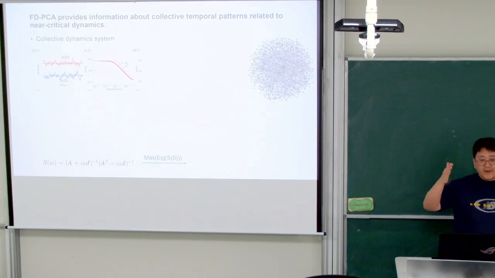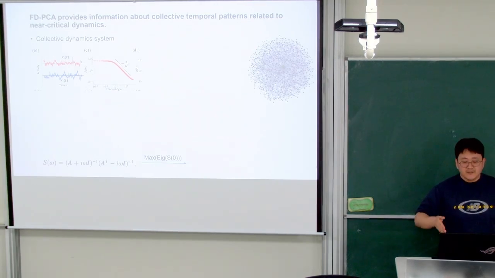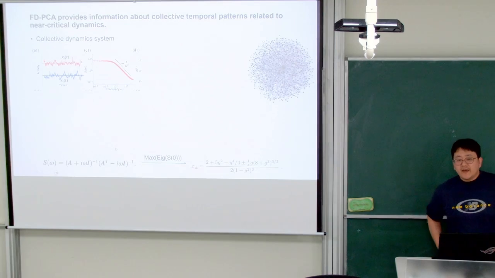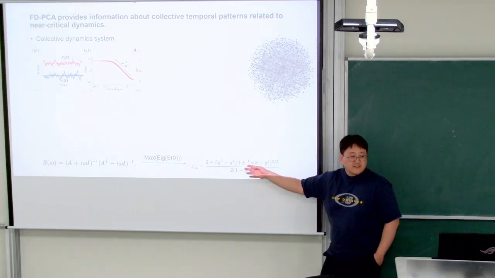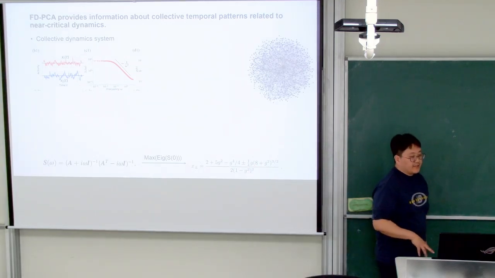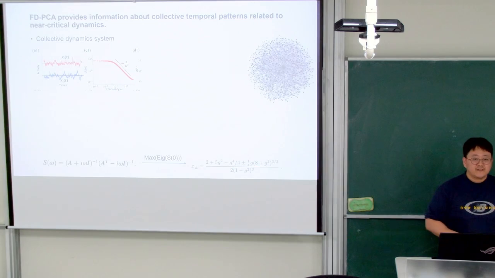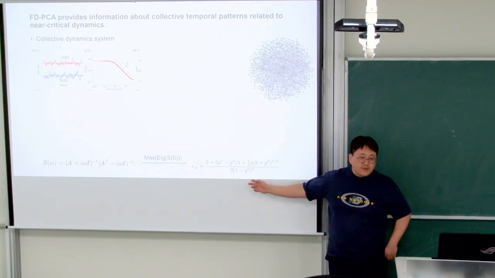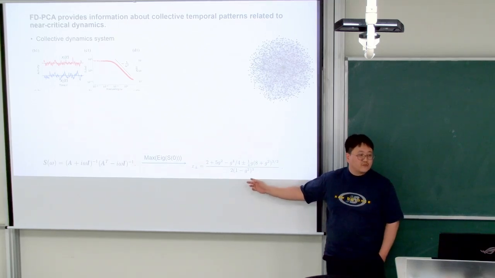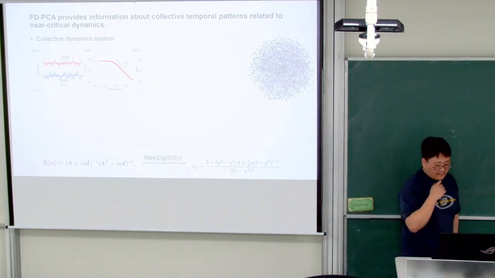They have a maximum value, right? So using the random matrix property, we can calculate the maximum eigenvalue, which is x plus, for the matrix X. So this is a formula of the maximum eigenvalue for matrix X.